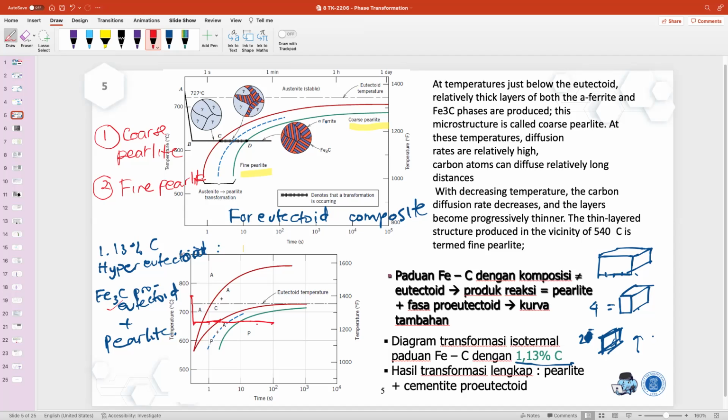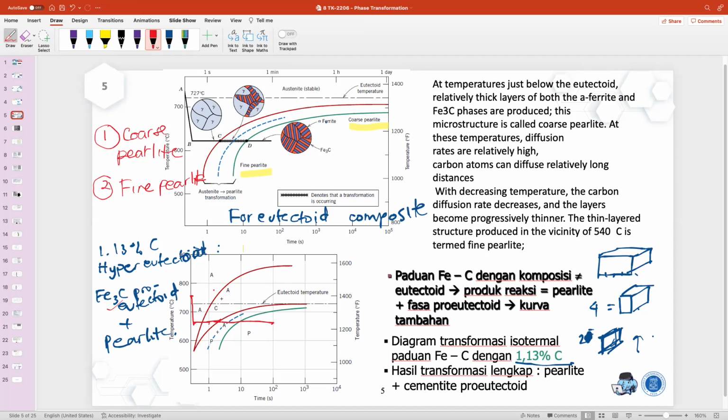So I would like to ask you in the exam, for example, to describe the process condition to obtain hypereutectoid steel if I cool down to an isothermal temperature of 650 degrees Celsius.